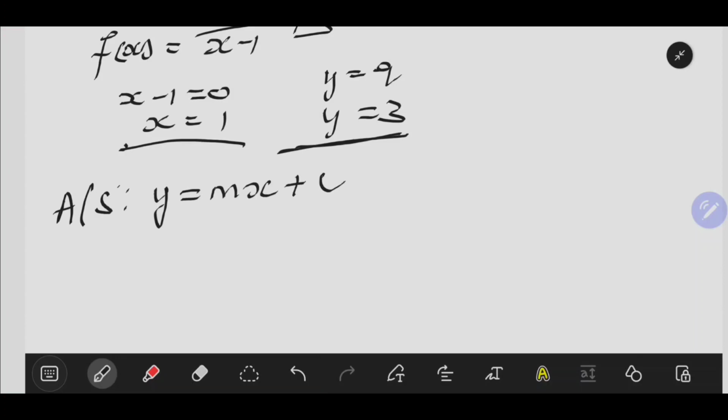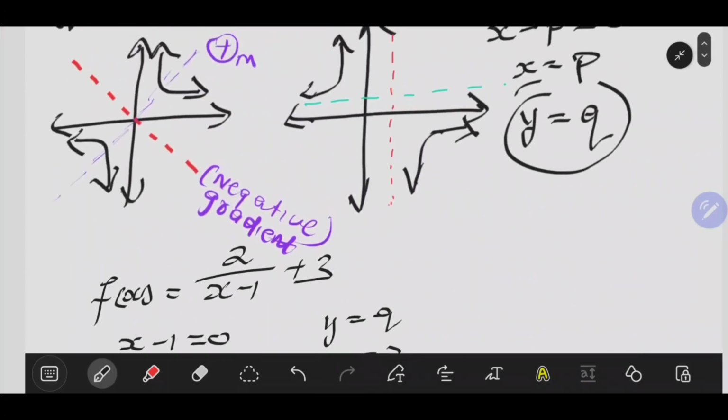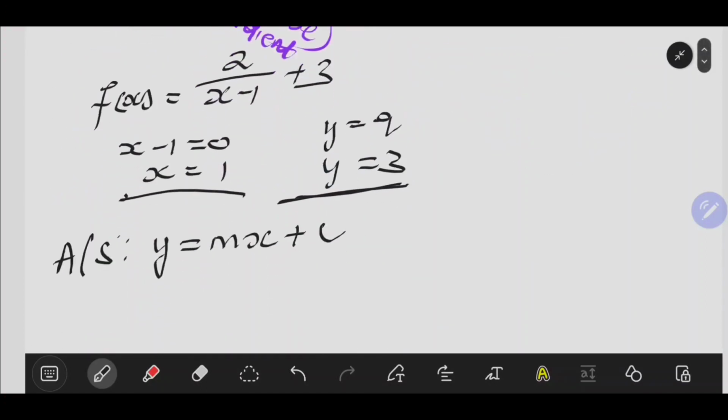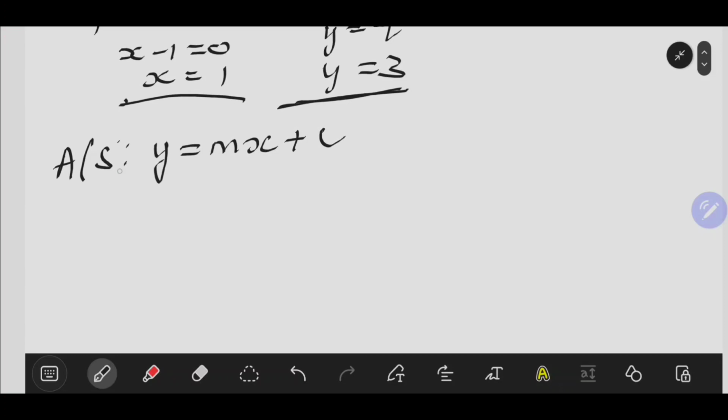But in this case, our gradient will forever be 1. Our slope for this line will forever be 1. All right. So in this case, the equation for the axis of symmetry of a positive gradient should be y is equals to x plus c.